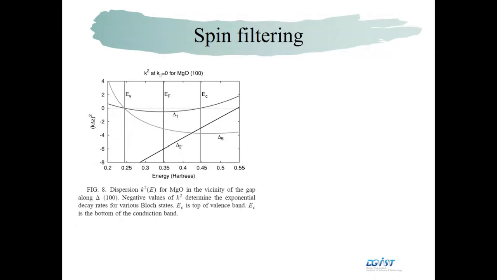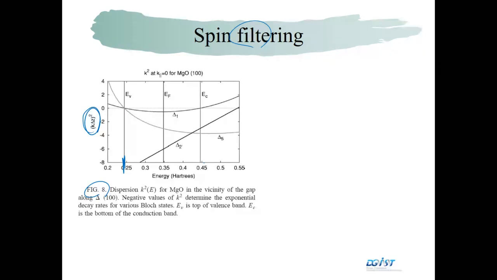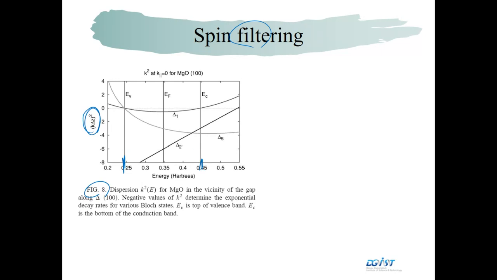So that's what we call the spin filtering effect. In this figure, we have the scale of K and the energy. Here's the valence band and the conduction band, and here is the Fermi level in MgO.